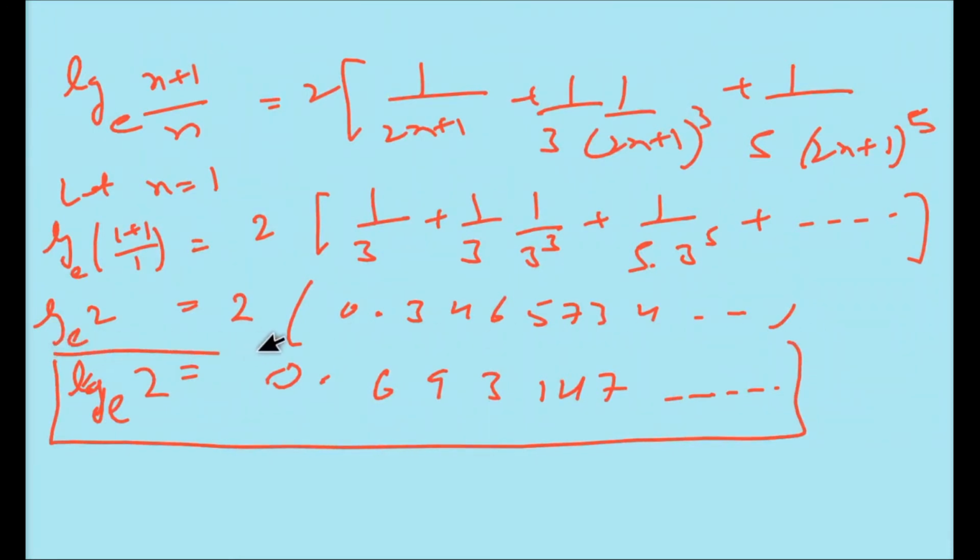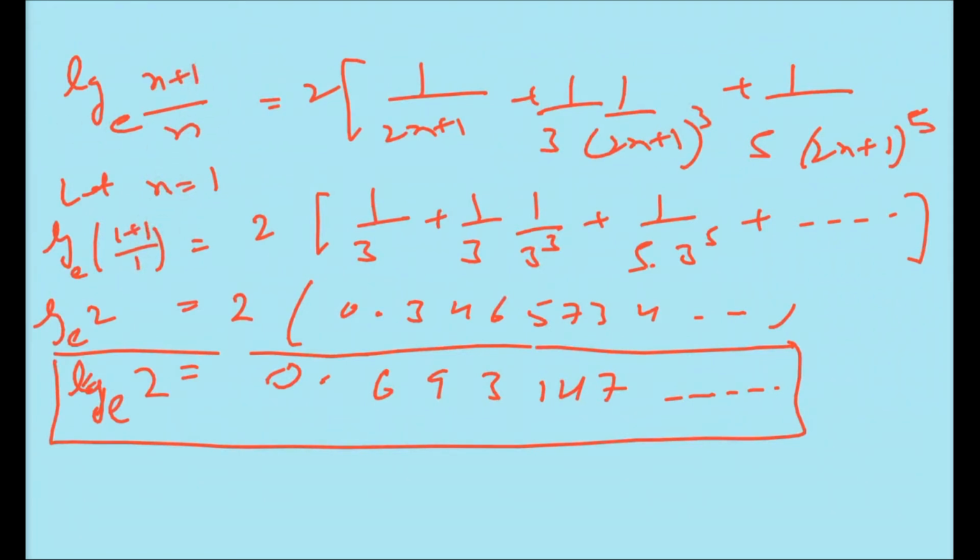It is a very important value, and it will help you to do so many questions, right? Okay, student. So in this formula I am putting the value of n as 1, so we got the value of log 2.